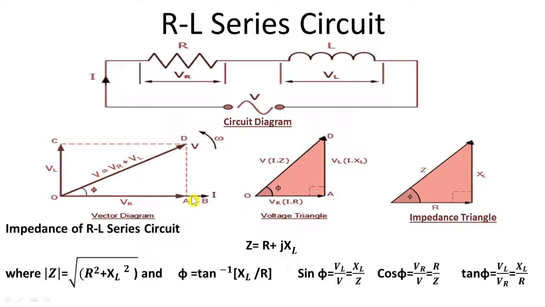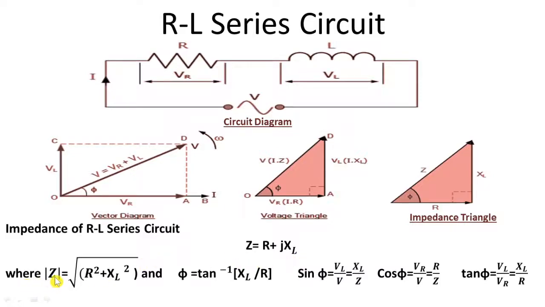Let's see the impedance of the RL series circuit. The formula is Z is equal to R plus jX. Here X is XL because the only reactive component is the inductor. So the formula is Z equal to R plus jXL.